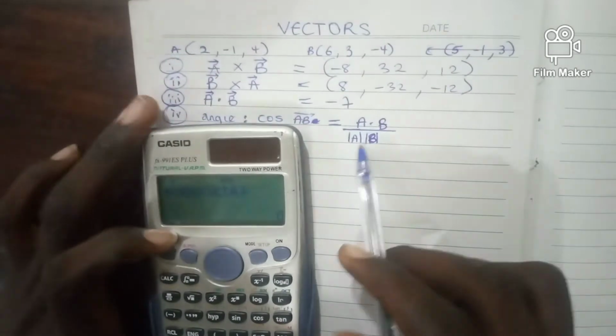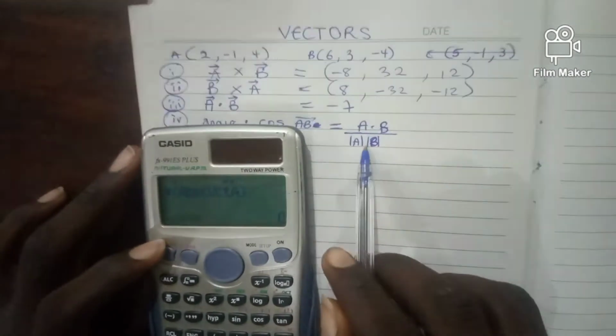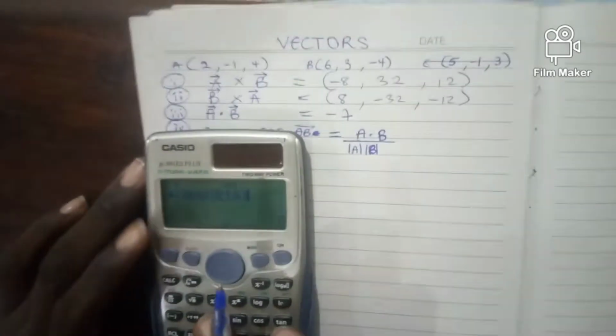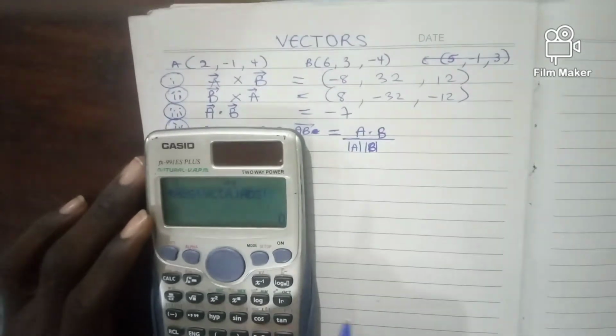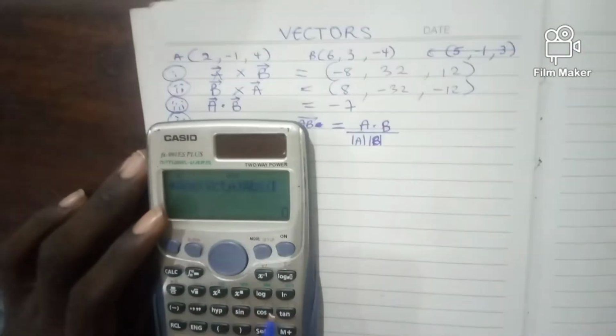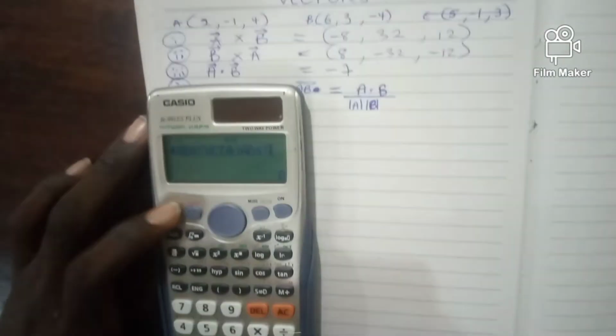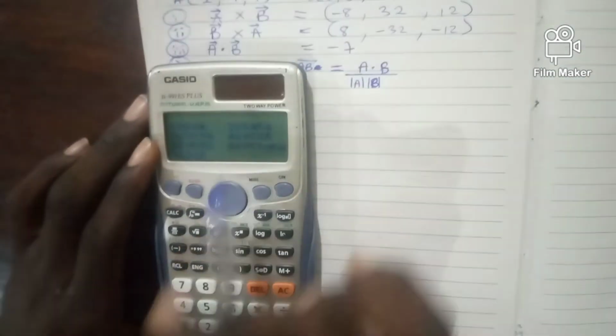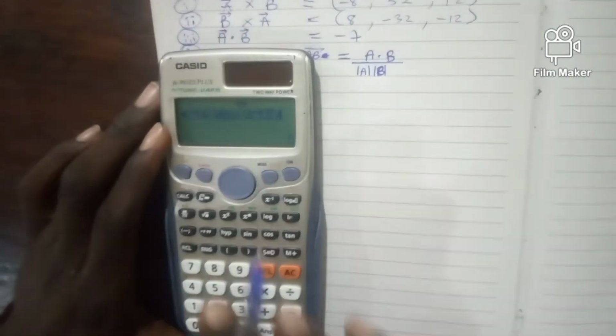Now this is multiplied by the absolute value of vector B. Shift the hyp button, absolute value of vector B, which is shift vector, and 4 says vector B. We close the bracket.